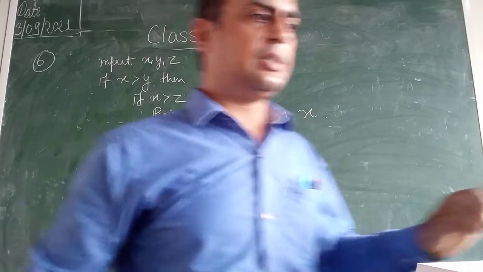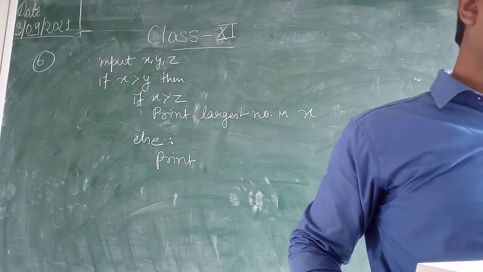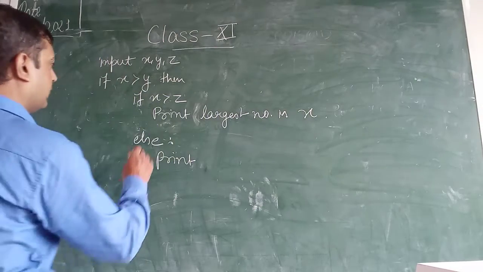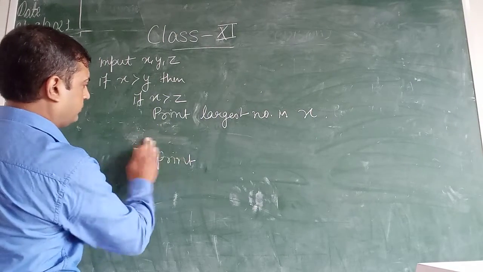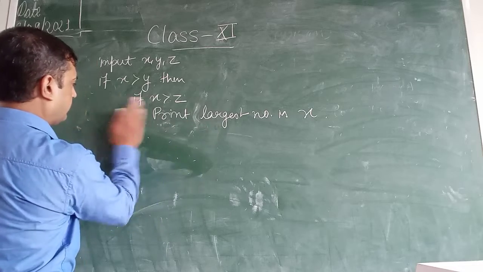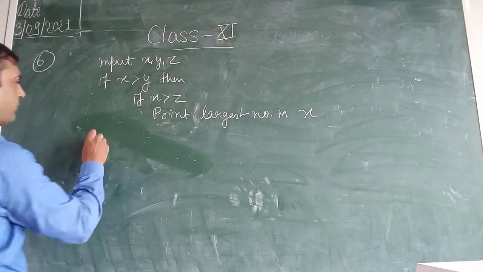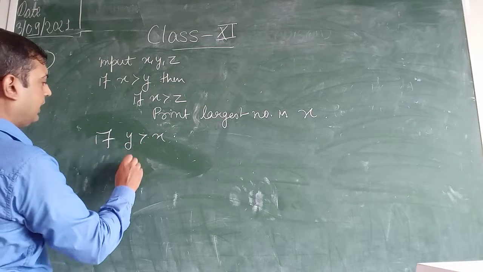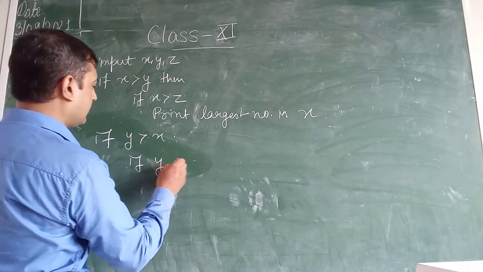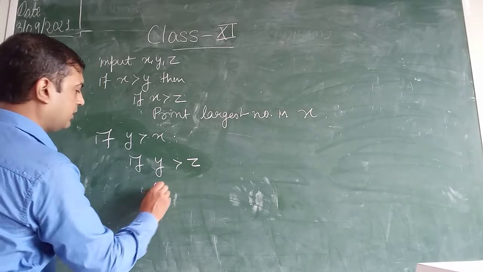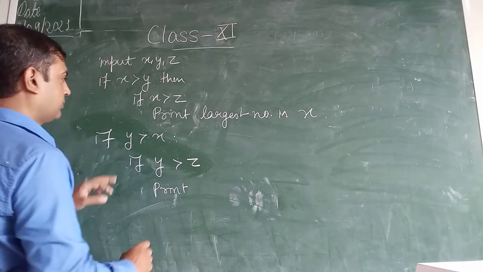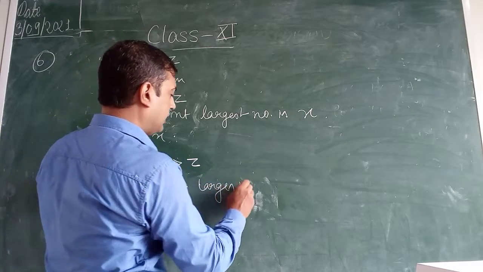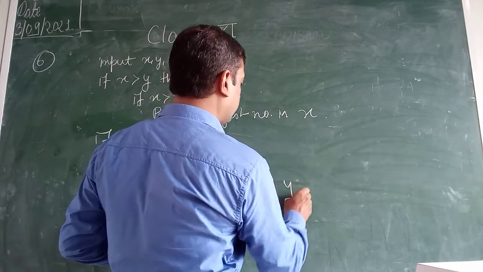The second situation in the printing section is y greater than z. If y is greater than x and if y is greater than z, then print largest is y.